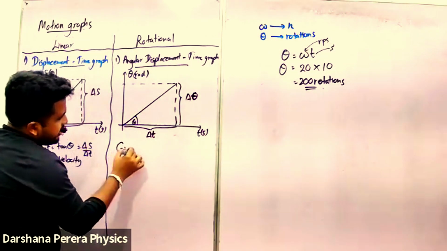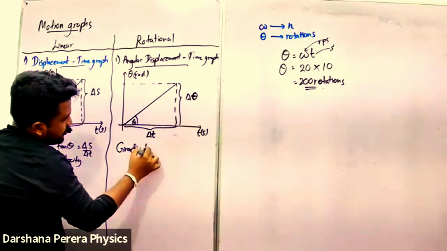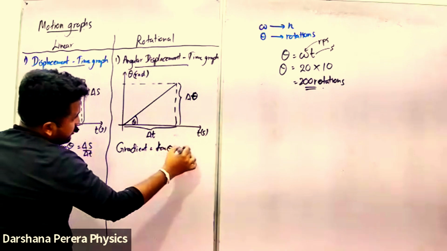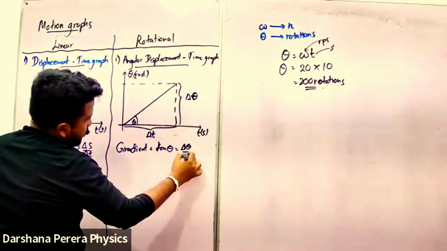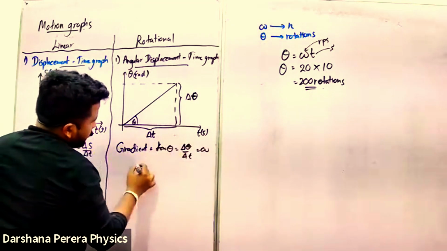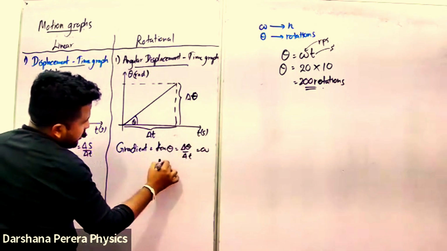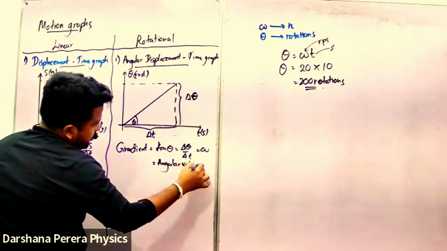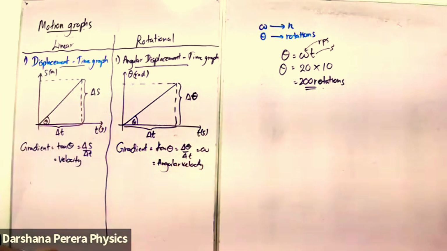That means the gradient equals tan theta equals delta theta over delta t, that means omega. The gradient is equal to the angular velocity. Right. Write down.